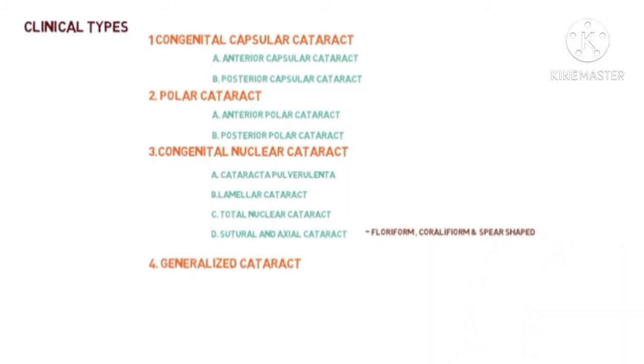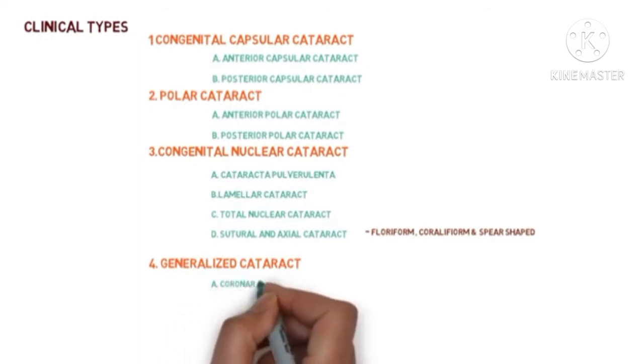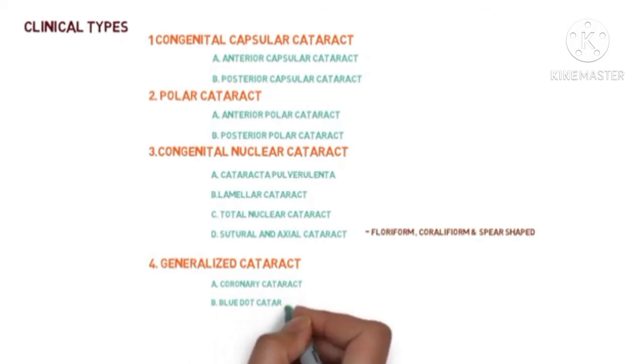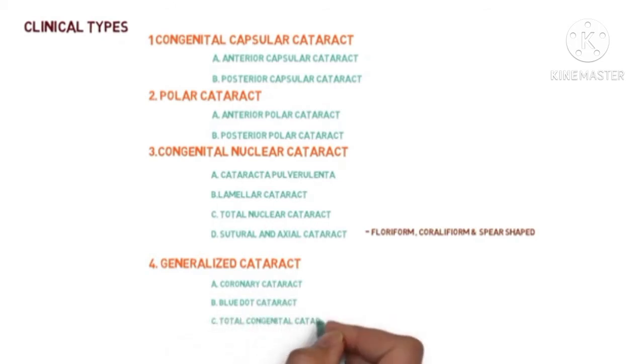And at last, in generalized cataract, there can be coronary cataract, blue dot cataract, total congenital cataract, and congenital membranous cataract. So these are the clinical types of congenital and developmental cataract, right?